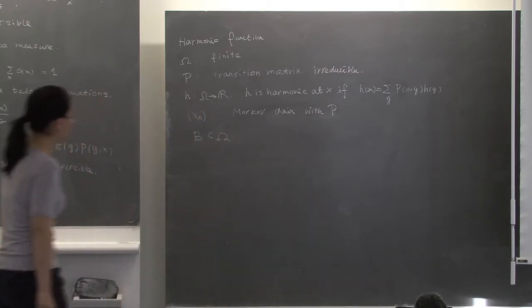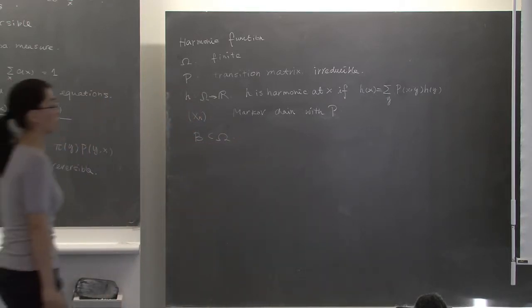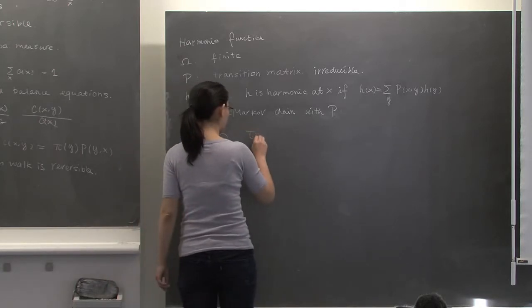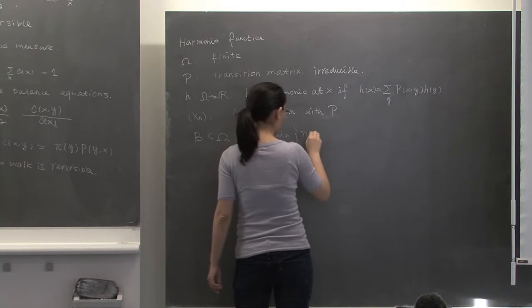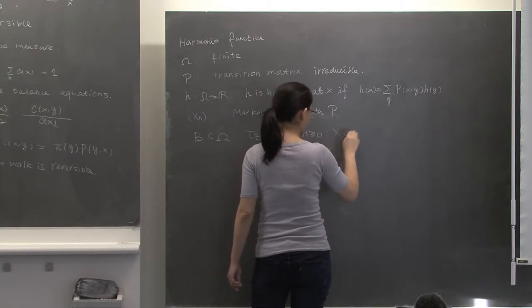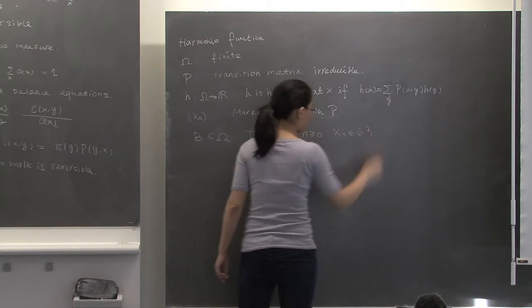And now we can define the first hitting time of this Markov chain. Tau B is the first time that the Markov chain hits the set B.